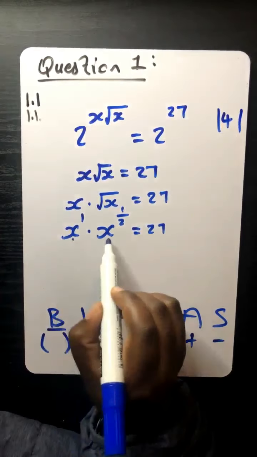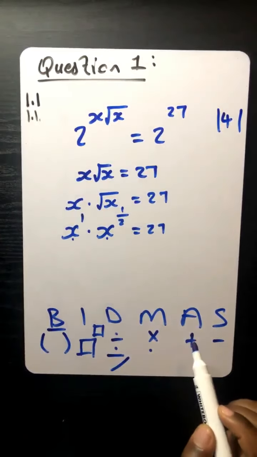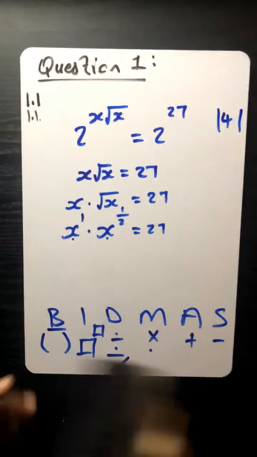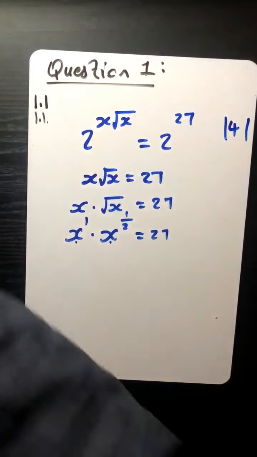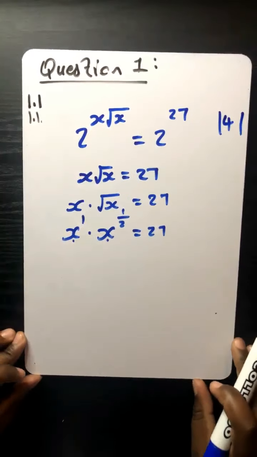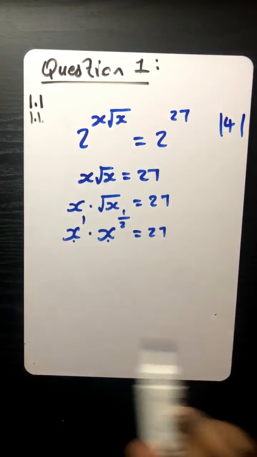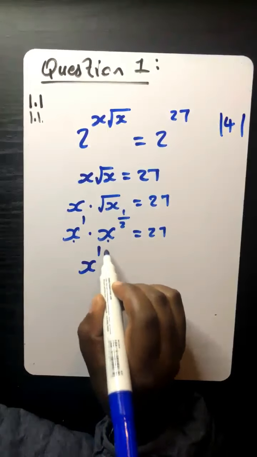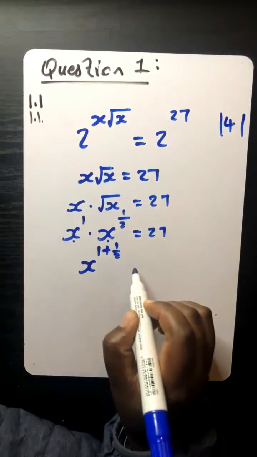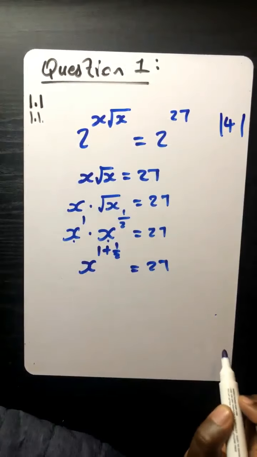Can you see? You've got the bases being the same or equal. What did Mr. Sibanda say with regards to having the same bases? He said you add the exponents. So that means you just have x to the exponent 1 plus 1 over 2. The whole of that is equal to 27.